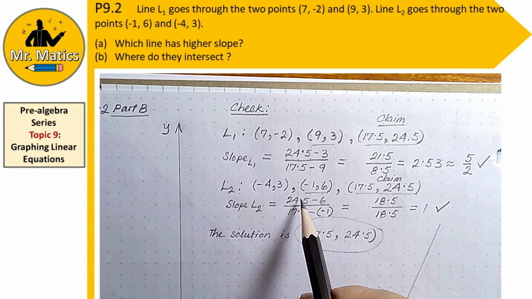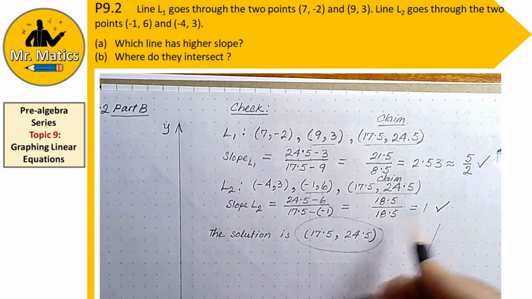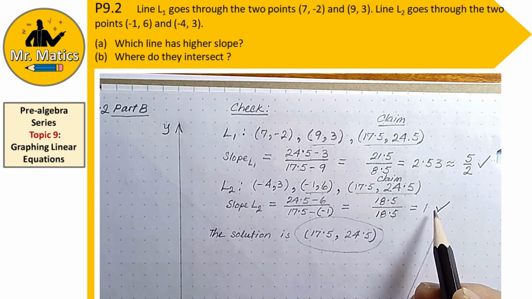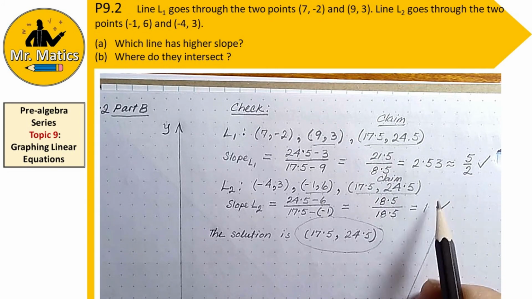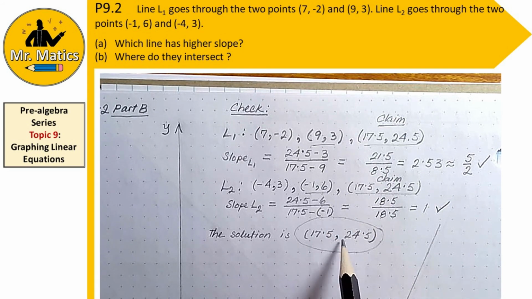Again, I did rise over run, and I found that the slope is 1. And you know from the previous part, the slope is indeed 1. So that's why it checks out both for L1 and also for L2. So the solution is 17.5 and 24.5. That's the intersection point, and it satisfies both lines.